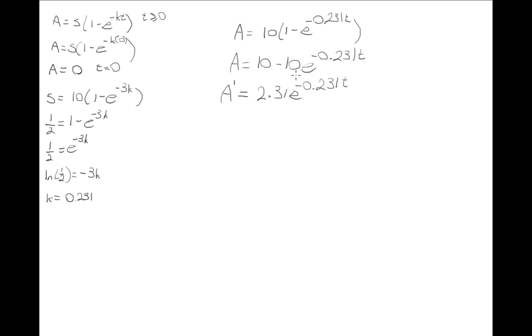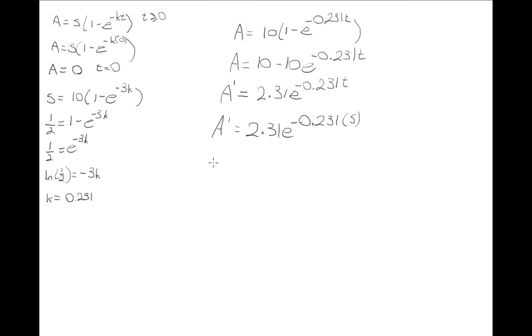So now let's substitute 5 in and find out what our rate of change is. So our rate of change, or A dash, is just going to be 2.31e to the power of minus 0.231 multiplied by 5.